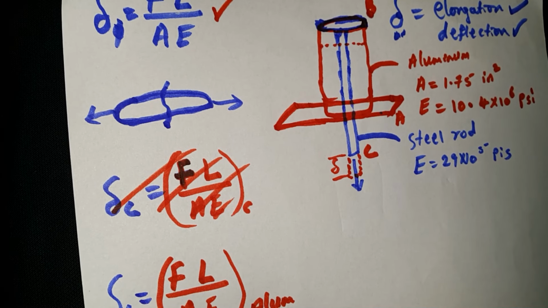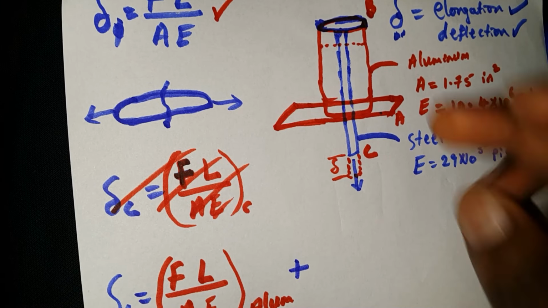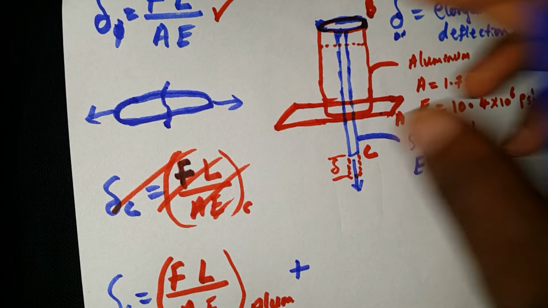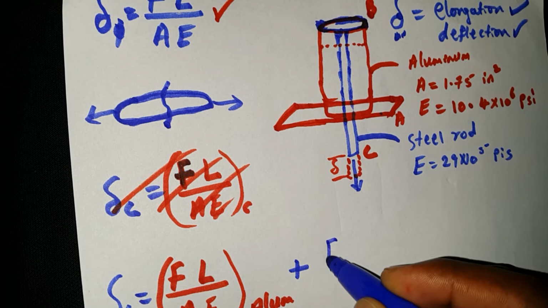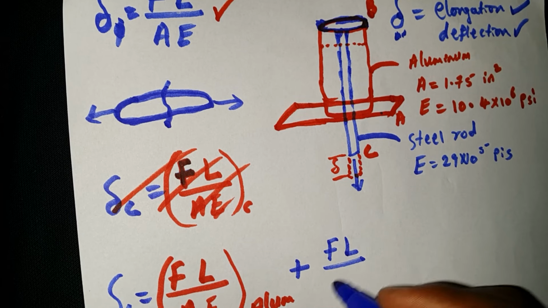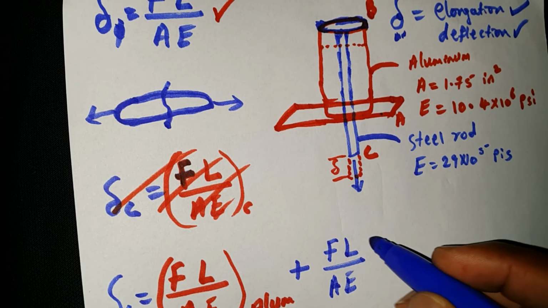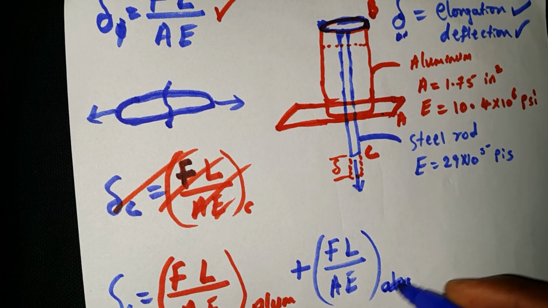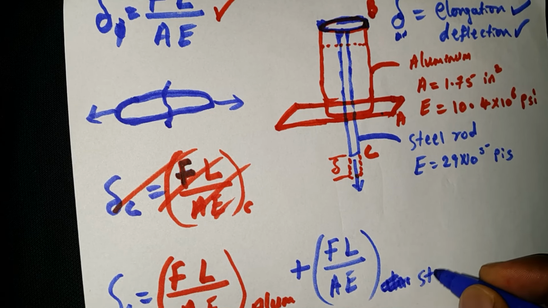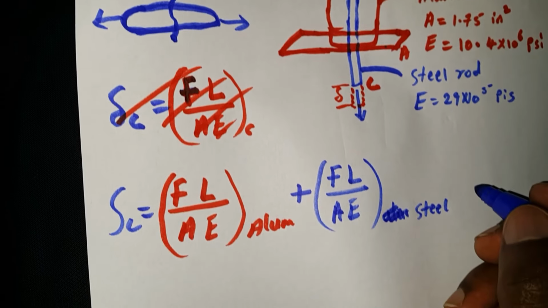And we will add it to the elongation of this steel rod, which is also force times length over area times E. This is for the steel rod.